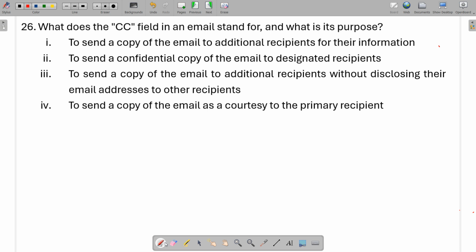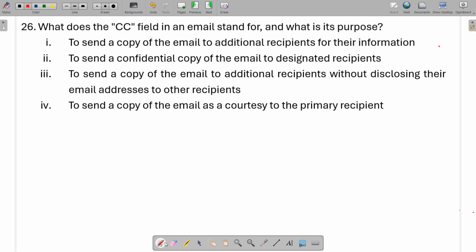When someone is sending an email to some particular person, that person is going to be in the To position of the email, and if that needs to be informed to separate people, then those people's email addresses will be in the CC position. So that is why the CC field is there.